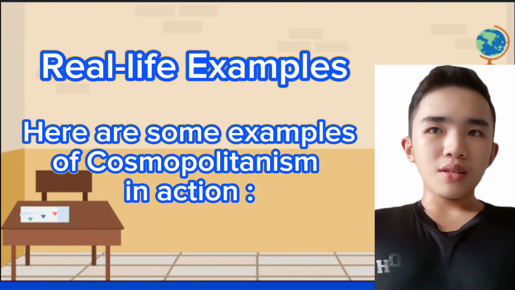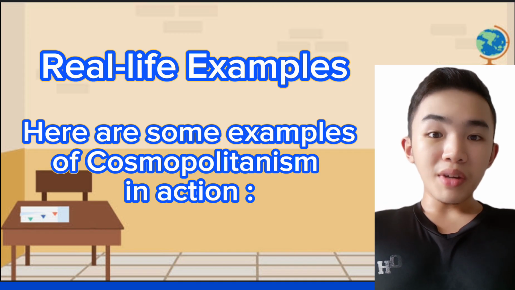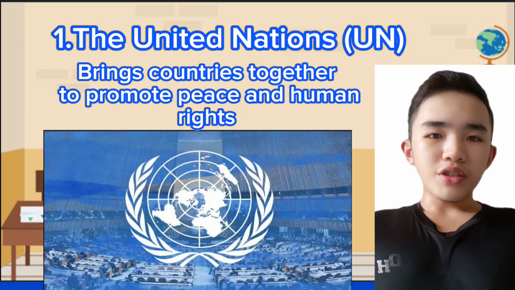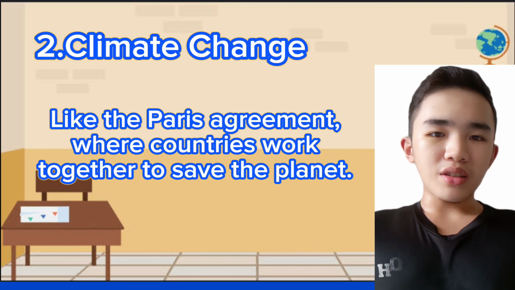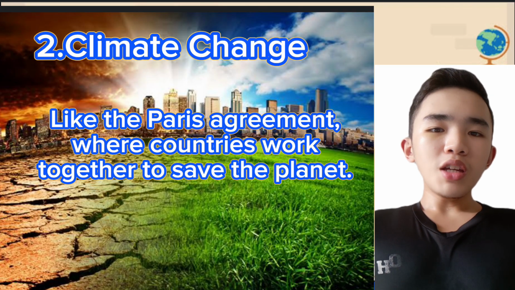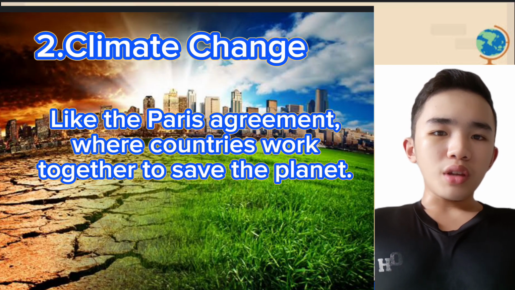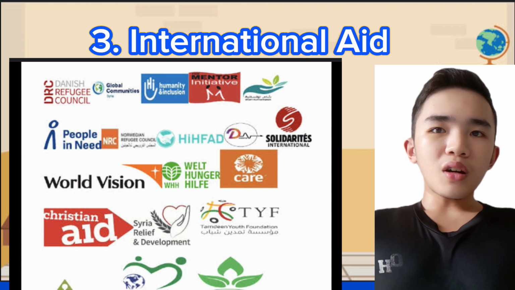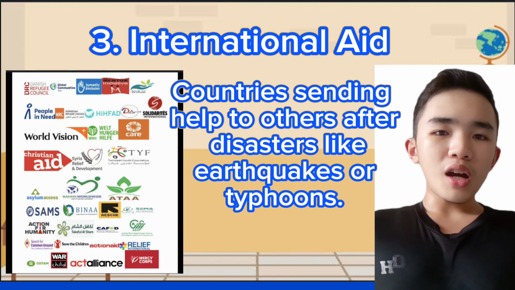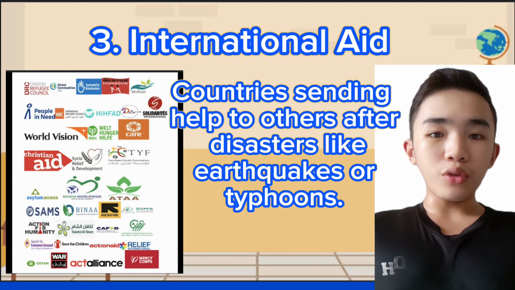Real-life examples. Here are some examples of cosmopolitanism in action. First, the United Nations brings countries together to promote peace and human rights. Second, climate change agreements like the Paris Agreement, where countries work together to save the planet. Third, international aid, countries sending help to others after disasters or typhoons.